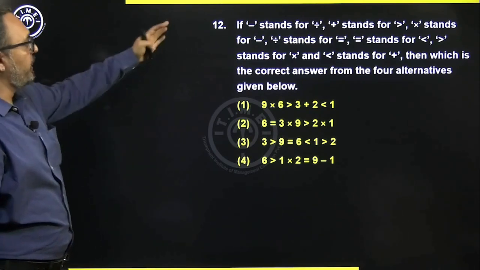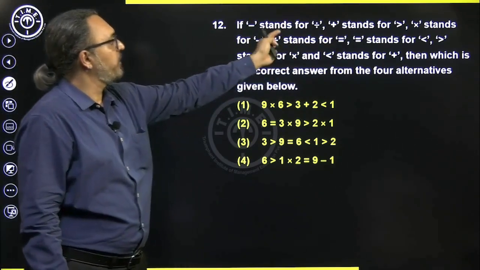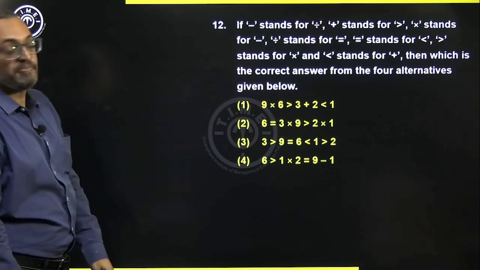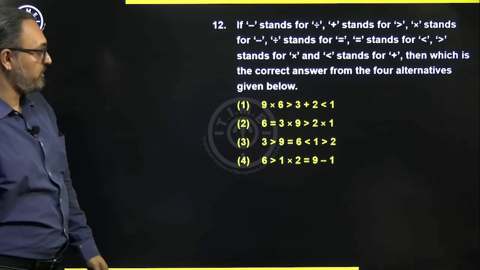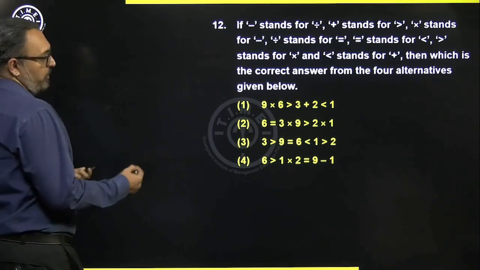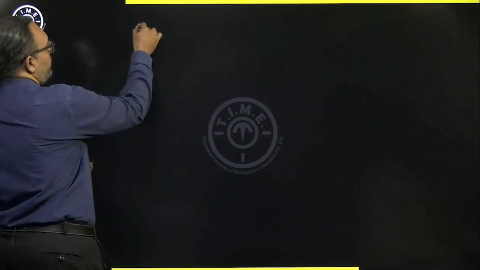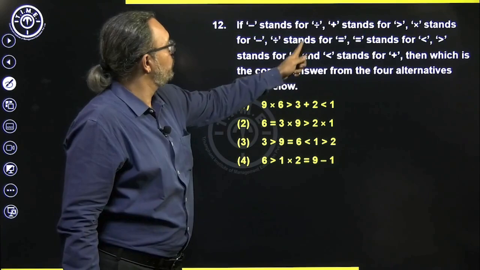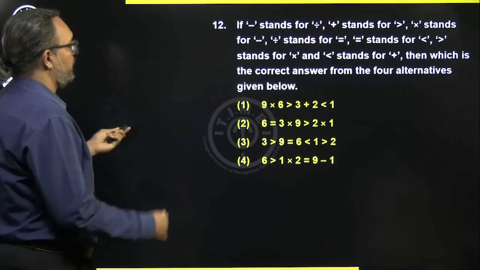Then again here we have, if negative stands for division, plus stands for greater than, into stands for minus. So here greater than, less than is also there. So I need to go through options compulsorily to verify this. Let's take the first option here. So we have 9 into, so into stands for minus, so 9 minus 6.